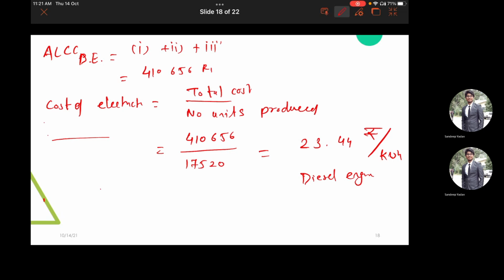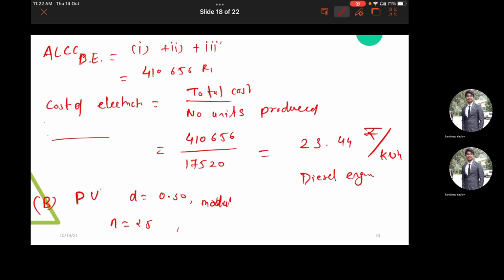Similar thing we can calculate for the PV plant. So here discount rate is given 0.30 and life is given 25 years. So now CRF we can calculate here. That is given for the solar module only.